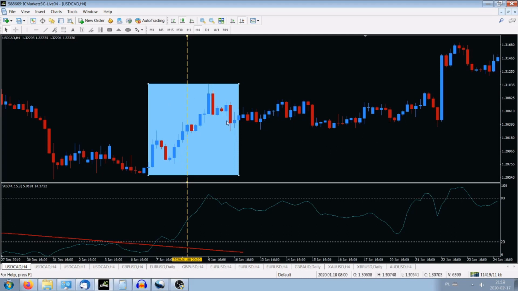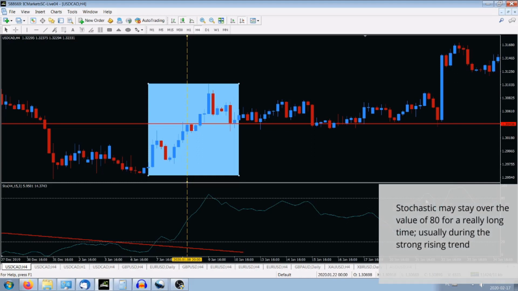And then when the market retraces, probably it finds somewhere the resistance, the support area, and over here usually I buy, because I know it doesn't matter that the market here is in the area of 80 or just under 80 of stochastic. With the stochastic value over 80, the market can stay a long time.